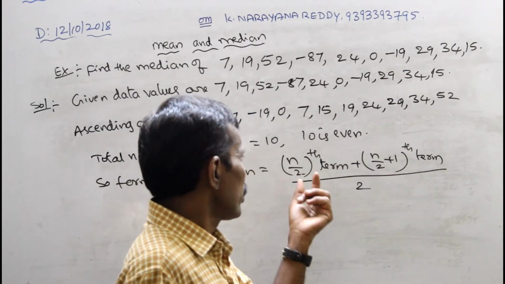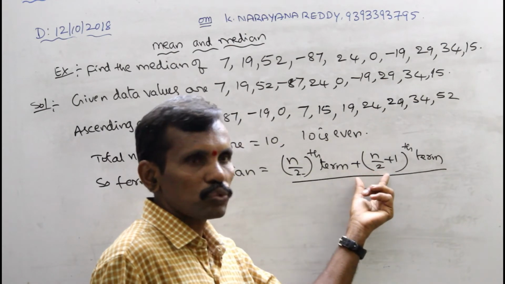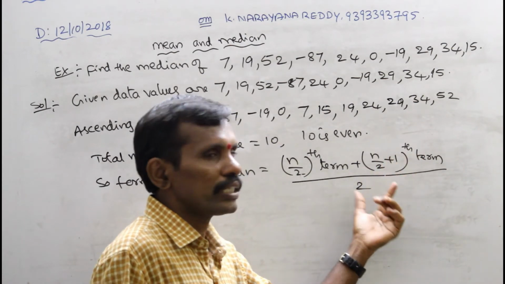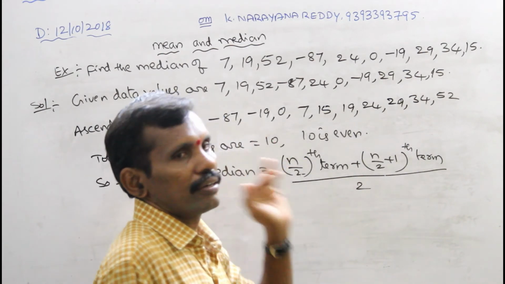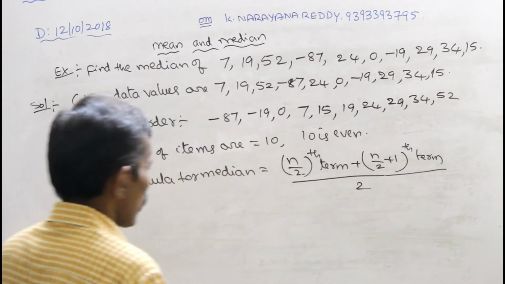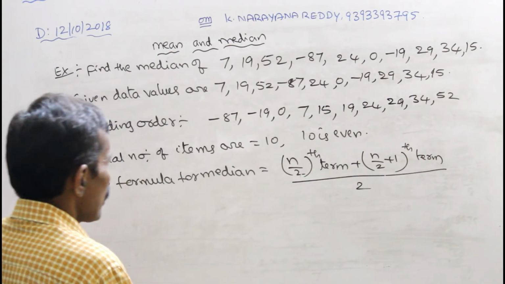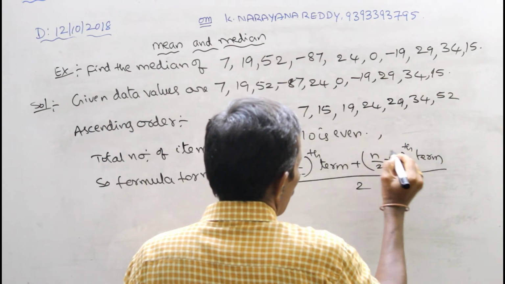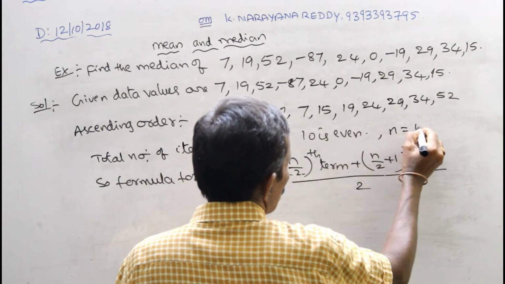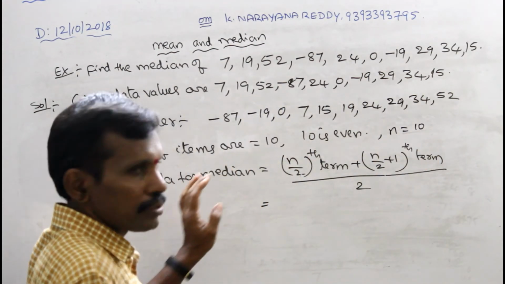That is the median whenever an even number of data values are there. Okay. Now n is what? N equals 10. The number of items is 10.